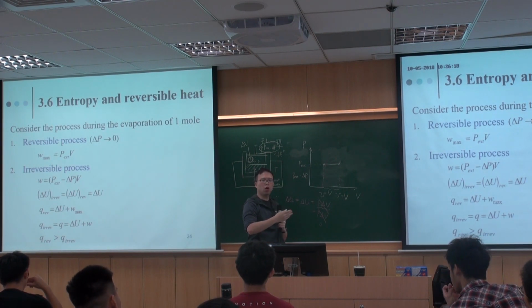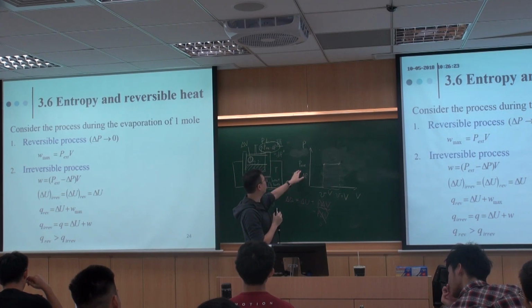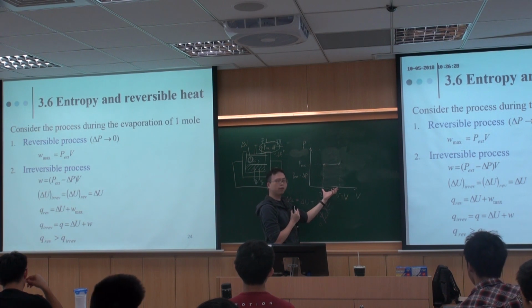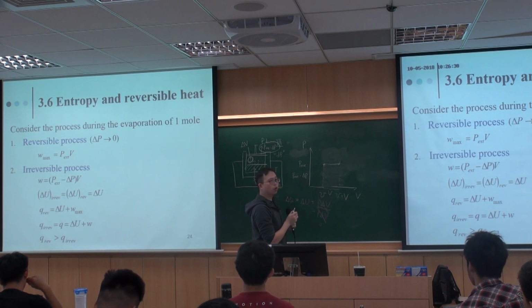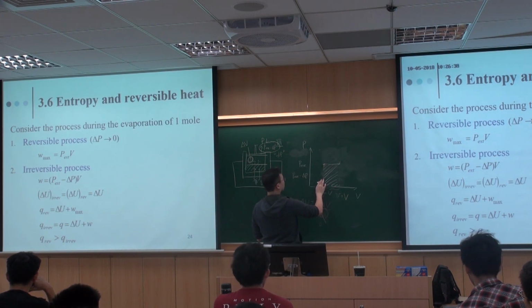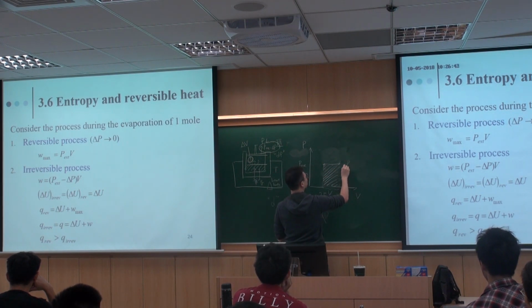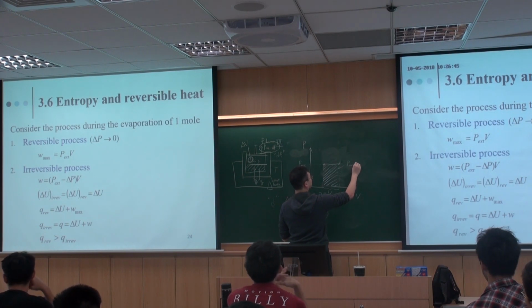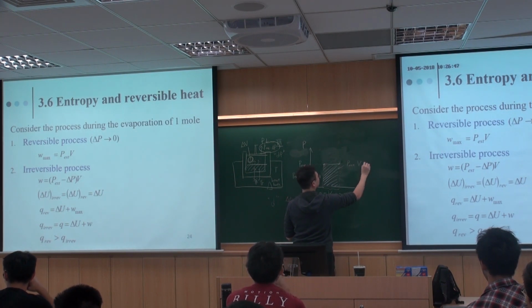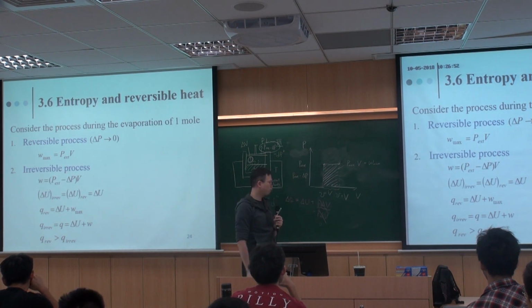If the system is always kept in equilibrium, then we know that the pressure is always the same as P external, and we have a certain amount of change in terms of volume. So the work done by the system is the area underneath. Right? And this area is P external times V. And this is the maximum work that a system can do.